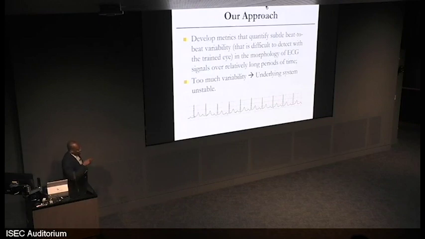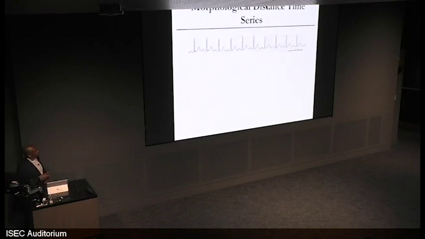So the approach early on was to develop some metrics that quantify subtle beat-to-beat variability that you can't really see with the naked eye, and that if there was a lot of variability, the underlying system was unstable, and that would impart high risk. So if you go back now and take a look at the same time series, instead of talking about the timing of the beats, I'm talking about how the shapes of the beats differ.